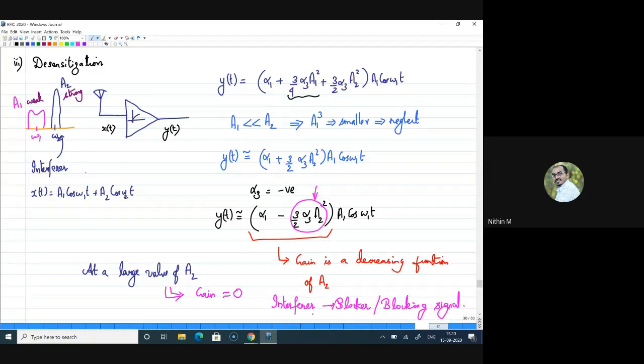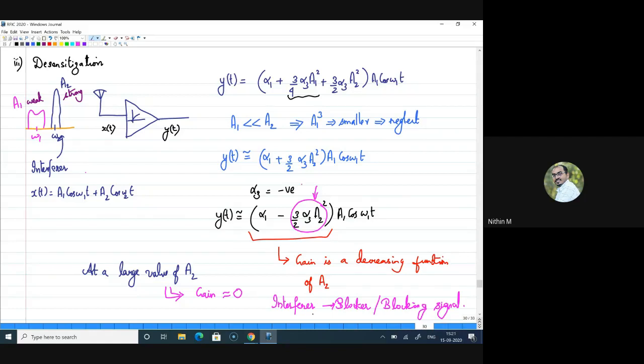We have discussed two phenomena. One is called gain compression, and another is the expansive characteristics shown by certain systems. Now, if I assume that there is gain compression, the value of alpha 3 is actually negative, right?